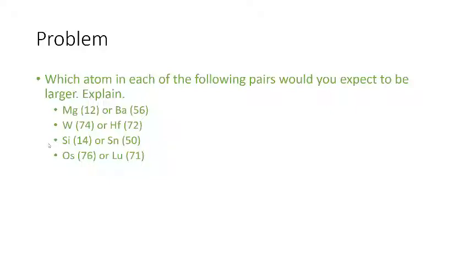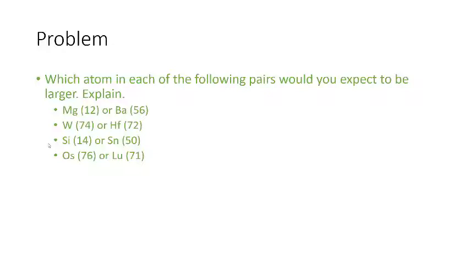Now, if we take a look at tungsten, which is number 74, versus hafnium, which is 72. What we notice here is hafnium is 2 elements to the left of tungsten. So therefore, it's going to have less of an effective nuclear charge. Therefore, the atomic radius of hafnium is expected to be larger than tungsten because that nucleus is going to be pulling in on tungsten more than it is on hafnium.